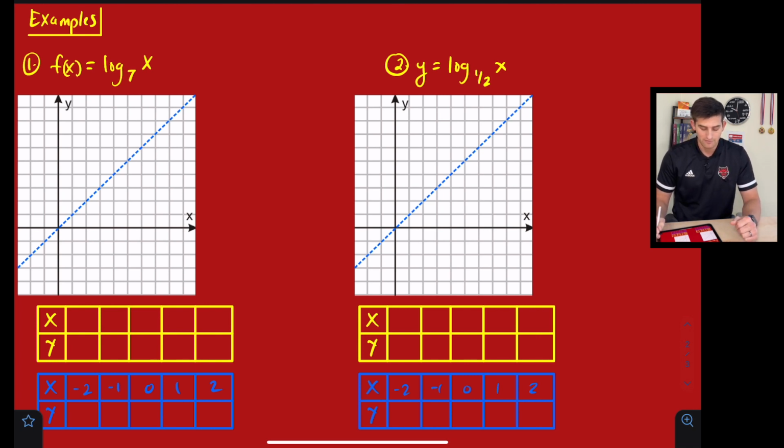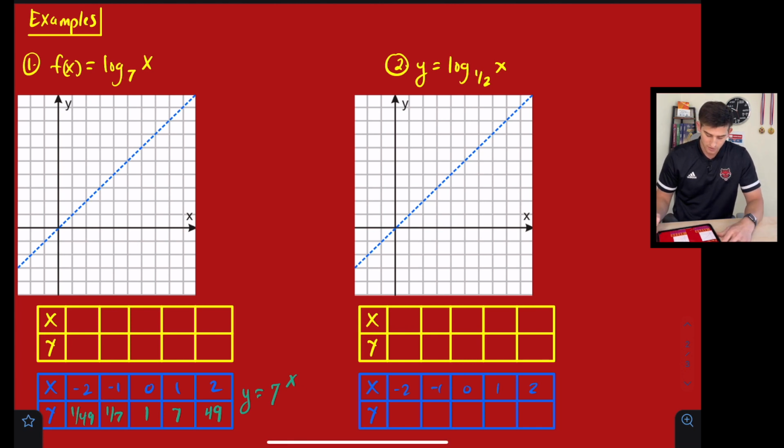For f of x equals log base 7 of x, we could figure out y equals 7 to the x power. That would be our exponential, the inverse of this log function. Anything to the 0 power is 1, 7 to the first power is 7, and 7 squared is 49. Working backwards, negative 1 would be 1 over 7, and negative 2 would be 1 over 49.